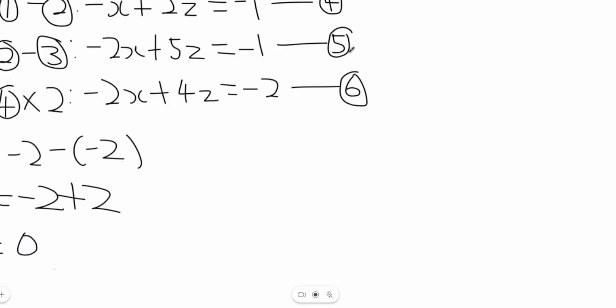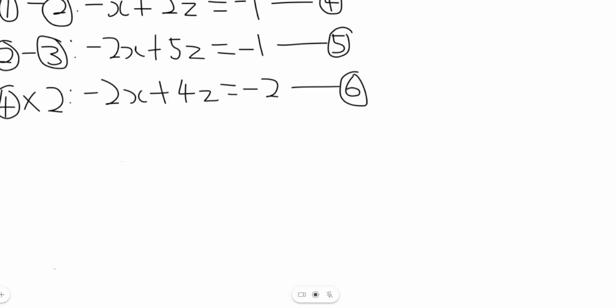So we take the equation of 5 and minus it by the equation of 6. So 5 minus 6. This is 0, this is 1z, and this is 1.